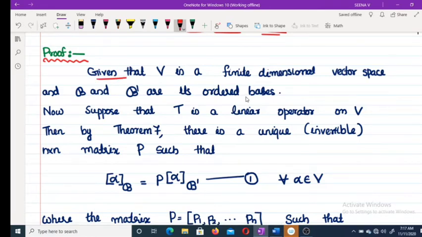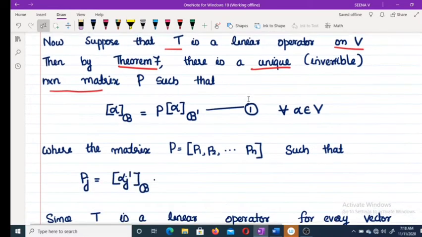Given that V is a finite dimensional vector space and B and B dash are its ordered bases and T is a linear operator on V. Then by theorem 7, that is the theorem on the section coordinates, given any B and B dash, there exists a unique invertible matrix P which satisfies this condition.